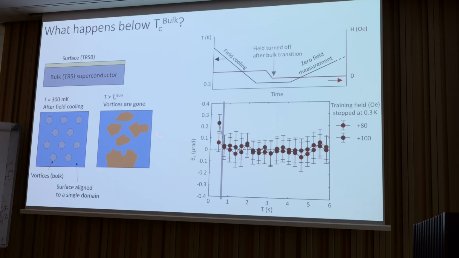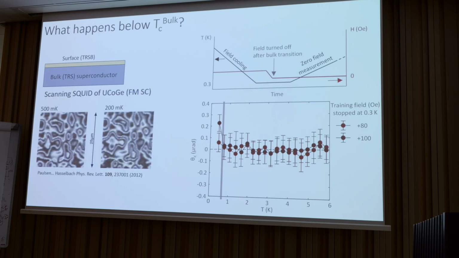So this idea is not just a schematic. People see similar things in experiments. So this is uranium cobalt germanium, which is a ferromagnetic superconductor. The Curie temperature is 2.5 Kelvin. The transition temperature is 600 millikelvin. What you see here is a SQUID image taken by the Hasselbach group of this material, and all of these things are magnetic domains.